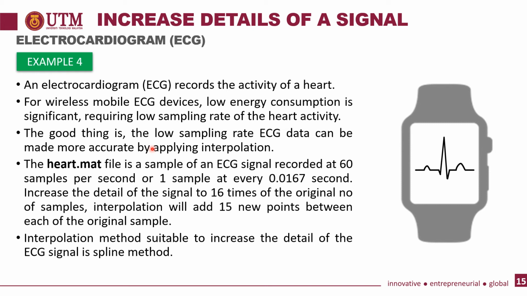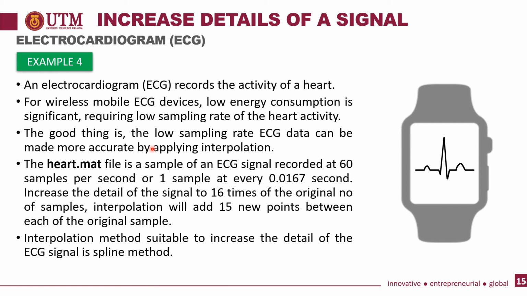Usually you can find ECG devices in your smartwatch, for those who have a smartwatch. In order to preserve the battery, the ECG data needs to be reduced, which means the sampling data needs to be reduced. For example, for every 1 minute only one sample, or for every 1 hour only 2 samples, because we want to reduce battery usage.